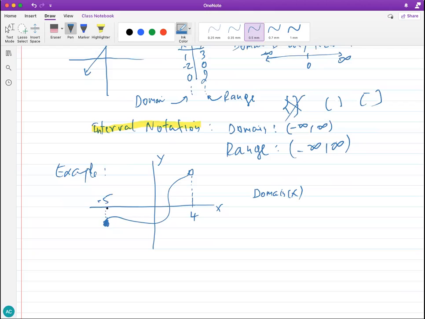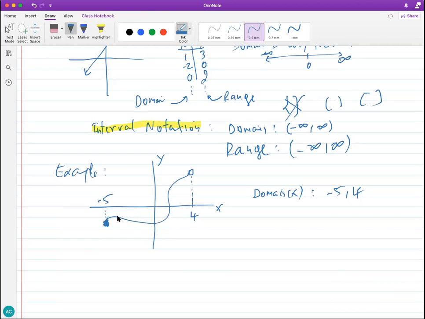The x goes from here to here, because this is the highest point and the lowest point is this. So all the x values range between -5 and 4. Instead of writing all the values, we're just going to say it goes between this and this. If you were going to list all of them, we have so many here.